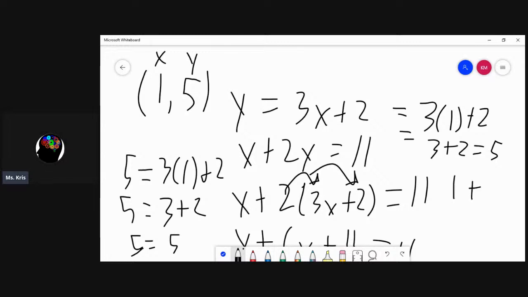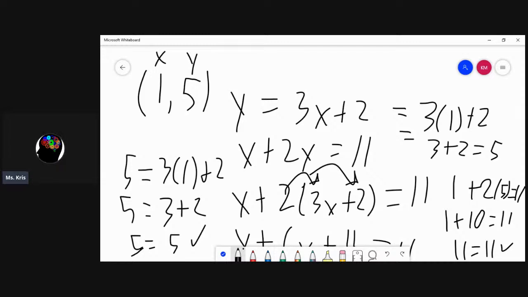Then 1 plus 2 times 5 equals 11. 1 plus 10 equals 11. 11 equals 11.